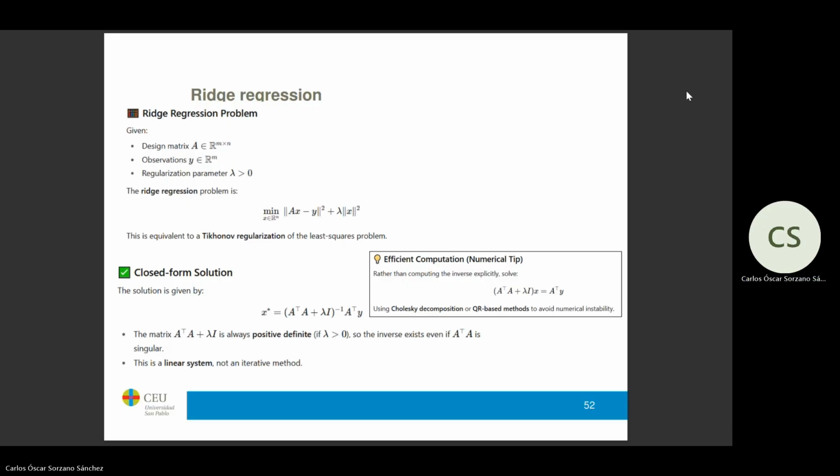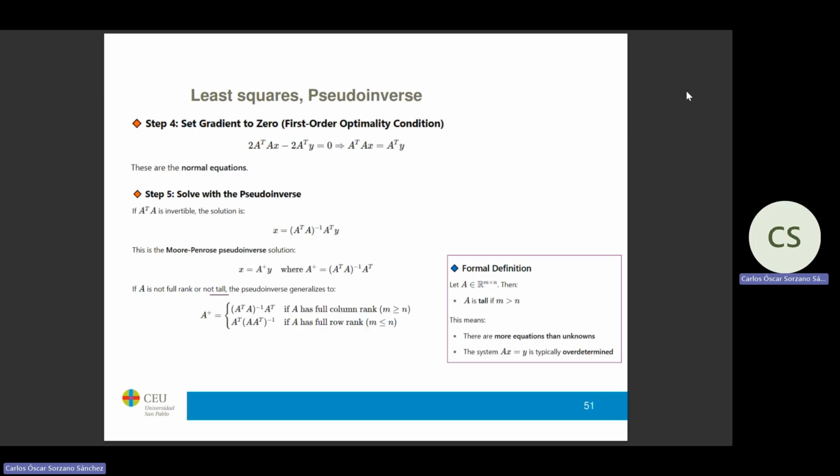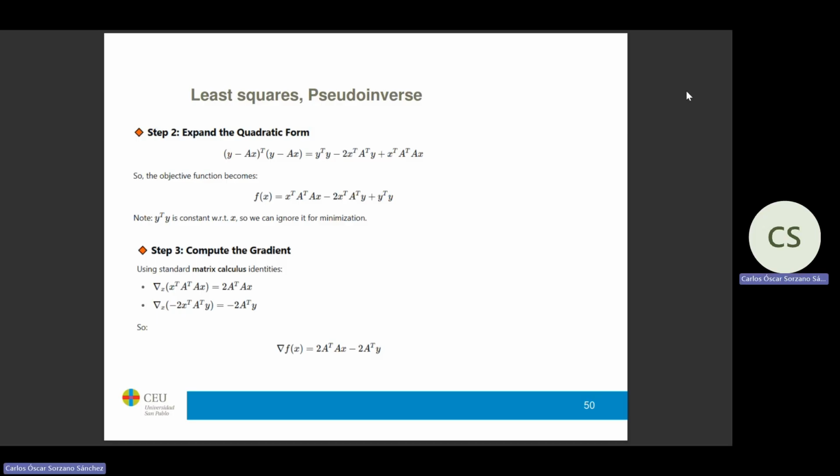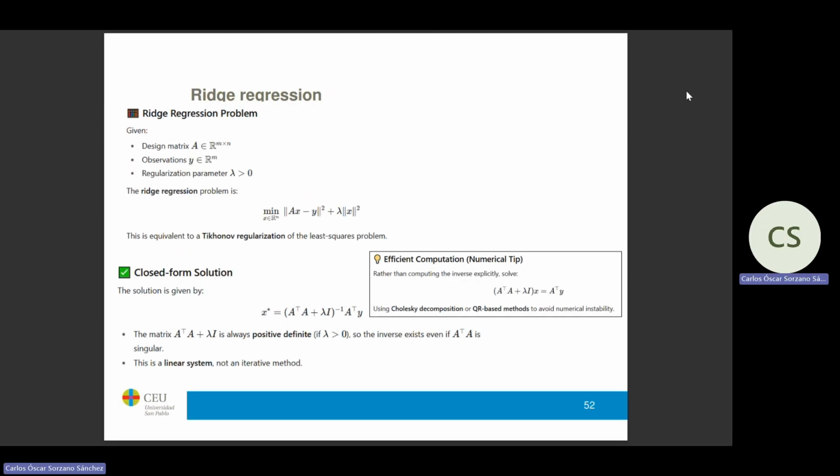Now with this regularization, you can try to follow the same procedure as we did before: the gradient equated to 0 and so on. And the result will be this.